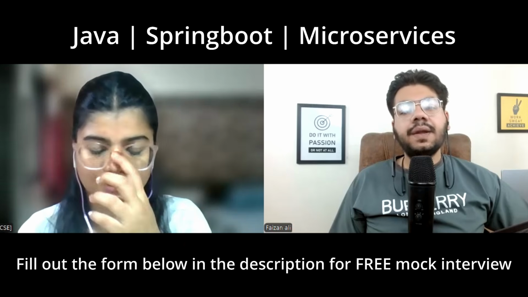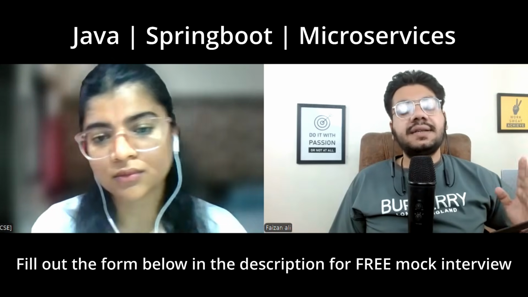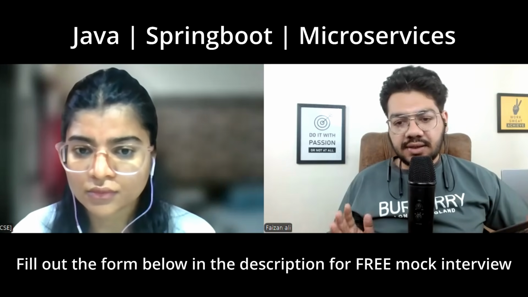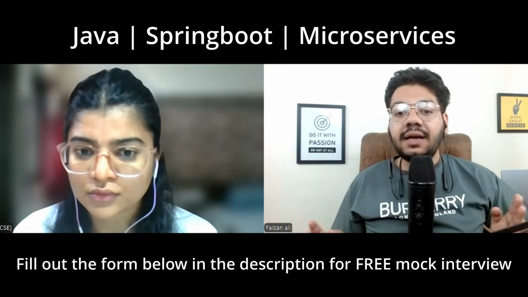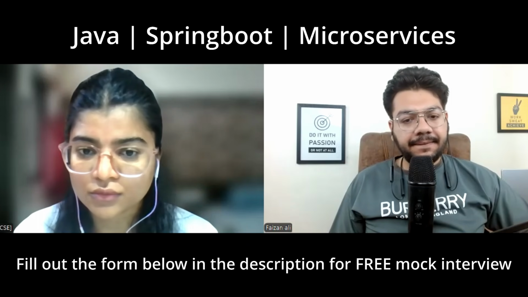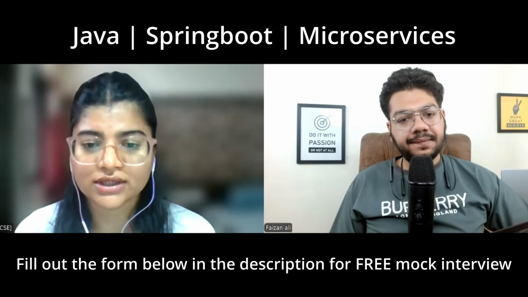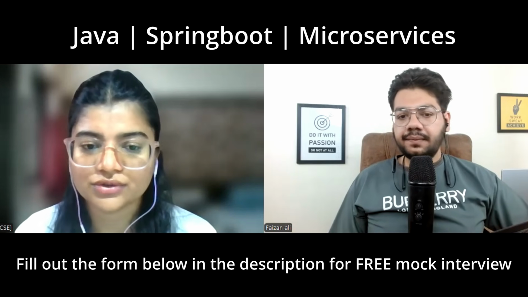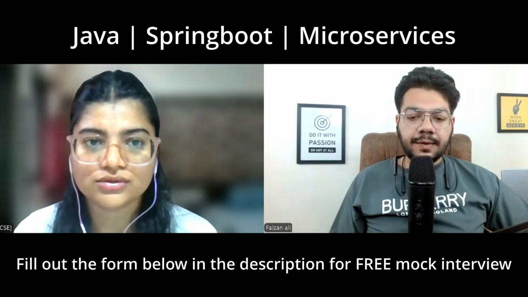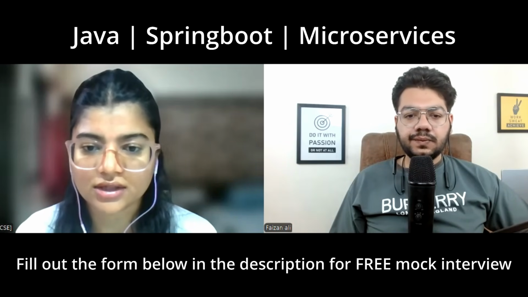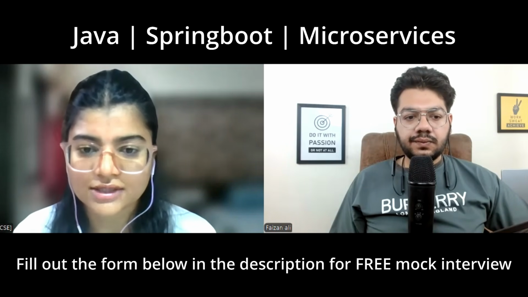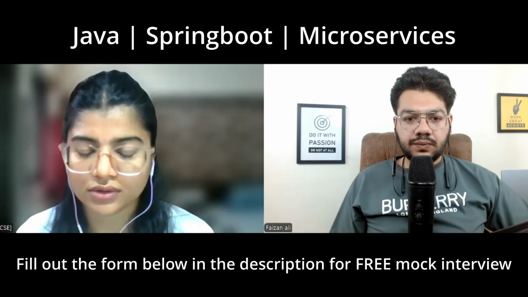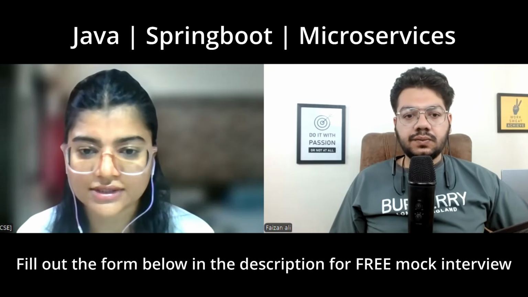Okay, so in a large enterprise application with many dependent components, how does dependency injection simplify development and maintenance? If we have multiple classes, we should use dependency injection. All the dependent classes we need to mention, and Spring will automatically fetch all the dependencies from there.